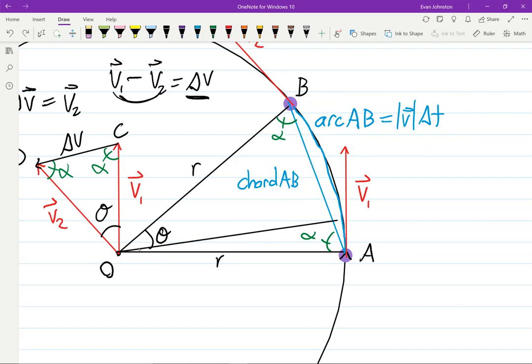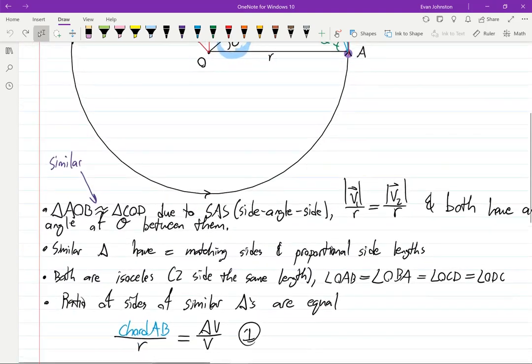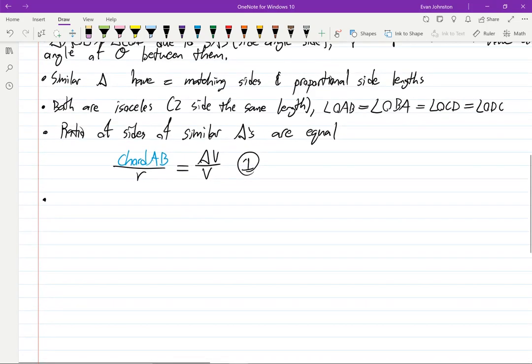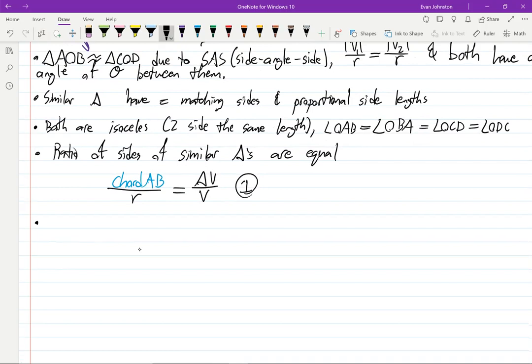And so the way that we could write that is that as this angle gets closer and closer to 0, these two become the same value. And that's what we'll write. So we'll put down here that in the limit, which is a fancy way to write it, in the limit that our angle approaches 0, our chord AB becomes arc AB.